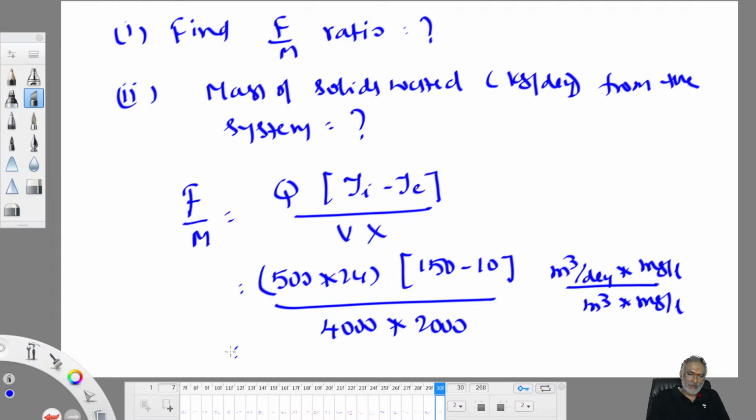Workout 500 into 24 into 140, 4000 into 2000. 0.21 day inverse this is.